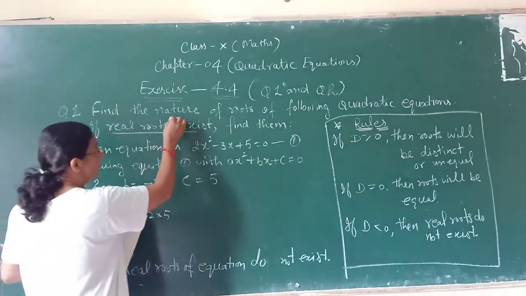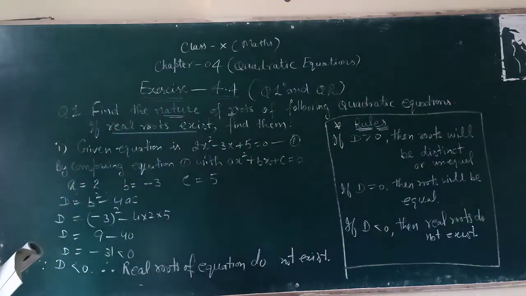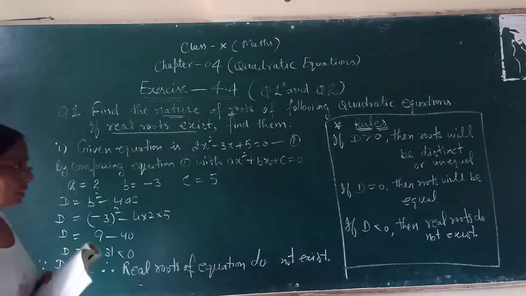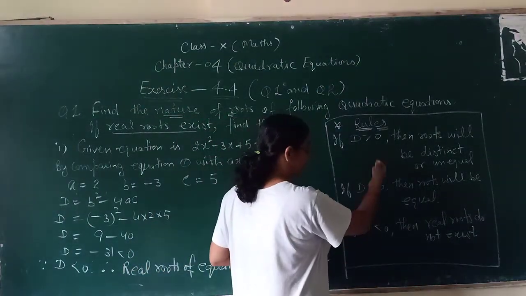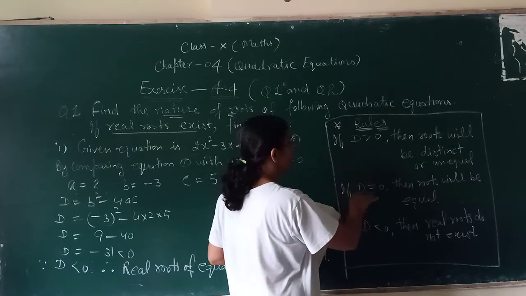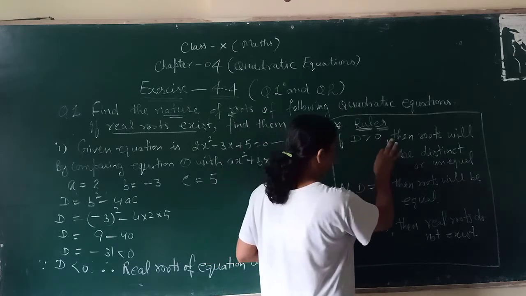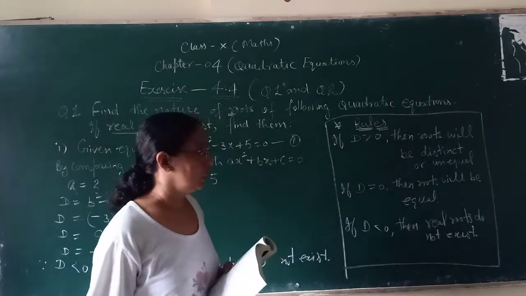But a new thing is the nature of roots. This is new. You have to explain which type of roots there are. For this, I have written the conditions here, the rules for D. If D is greater than 0, then the roots will be distinct, or we can say unequal.